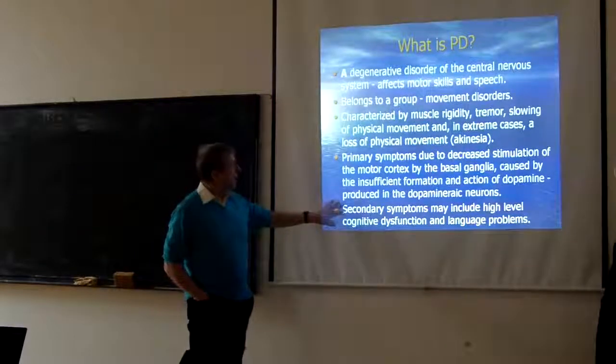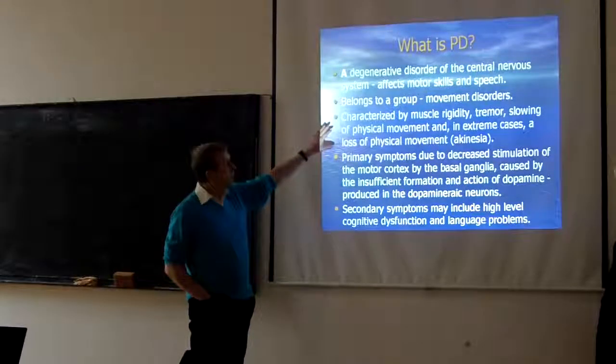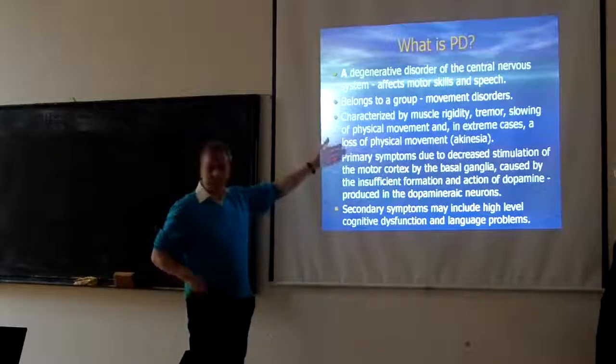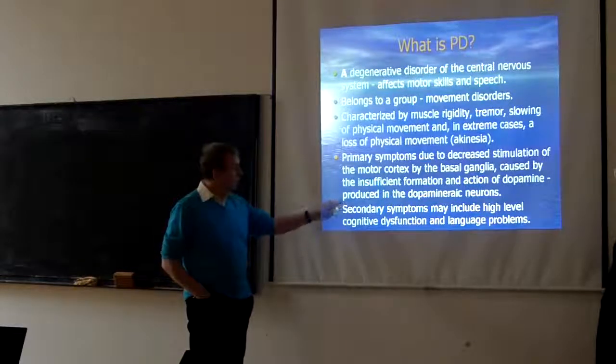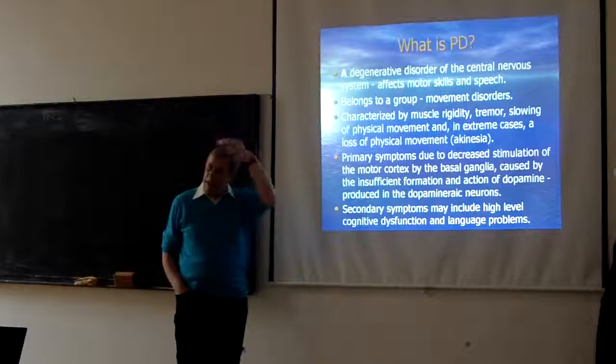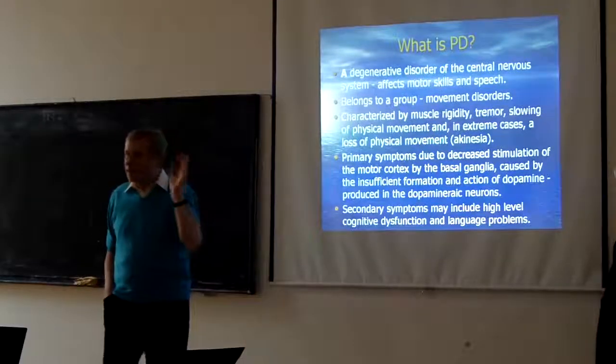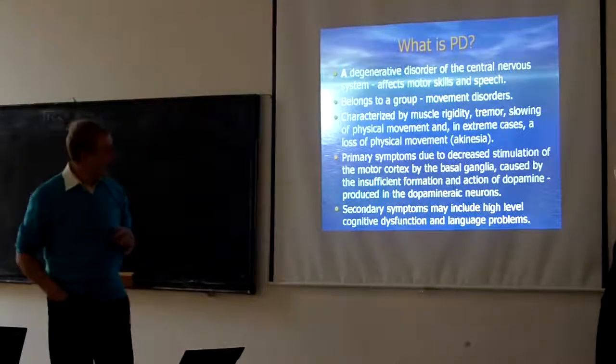As I say, it's movement problems: tremors, muscle rigidity, slowing of movements, or even complete loss of movements. There are then other symptoms. Not everybody gets these. Cognitive dysfunction, where you stop understanding things.